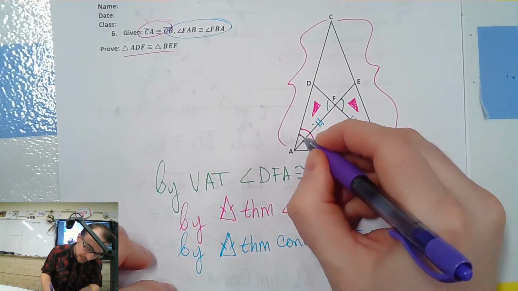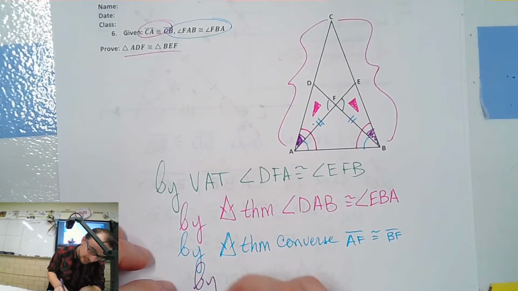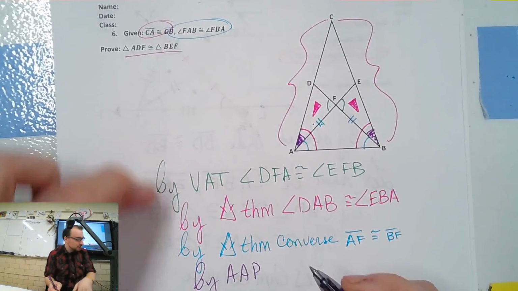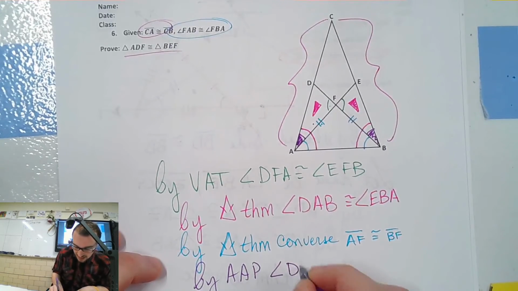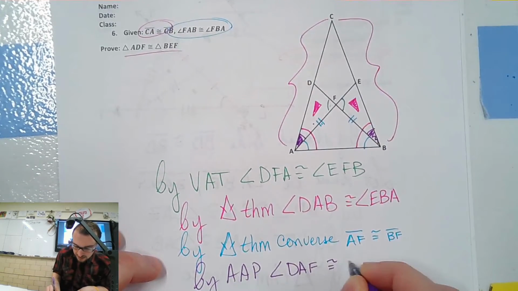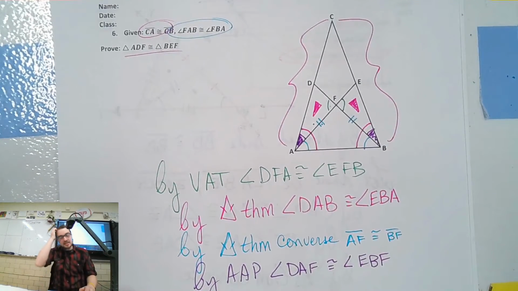So these two angles are congruent by angle addition postulate. By angle addition postulate, DAF is congruent to EBF. Now we've got angle side angle, and if we've got angle side angle, the triangles are congruent, right?